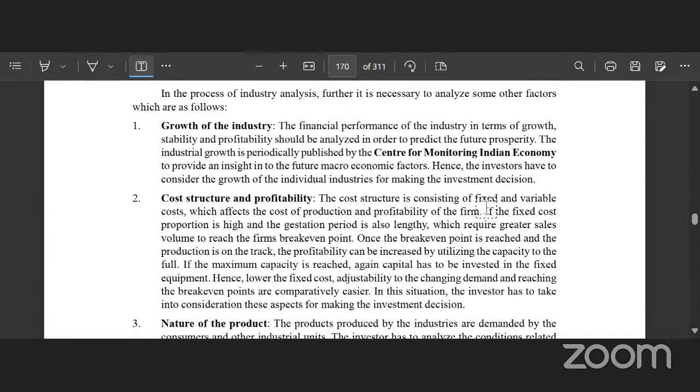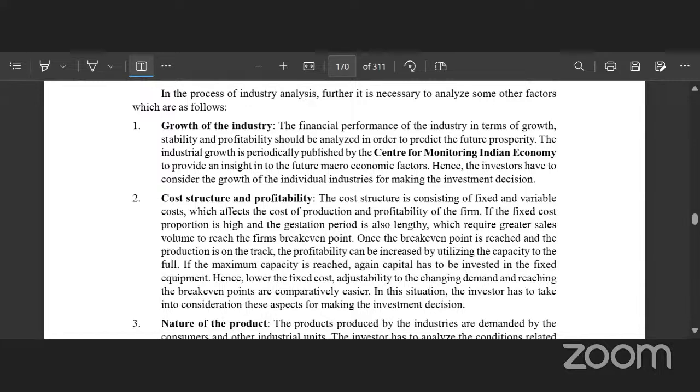Next, the cost structure and profitability of the industry. Suppose you take two different industries, say the steel industry and the IT industry. The cost structure consists of fixed and variable costs, which affect the cost of production and profitability. The steel industry generally consists of a larger amount of fixed costs.